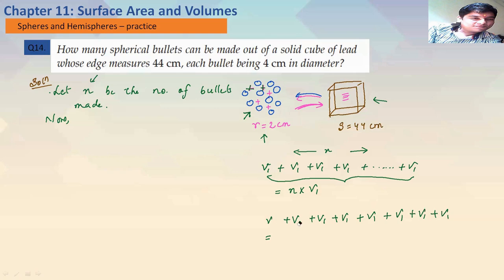What are you going to get? 8 times V. So n V's would mean n times V, that is the volume of a sphere, the volume of one bullet.